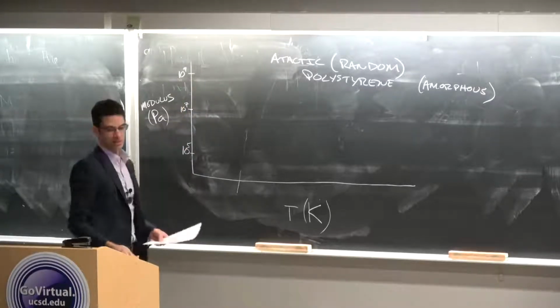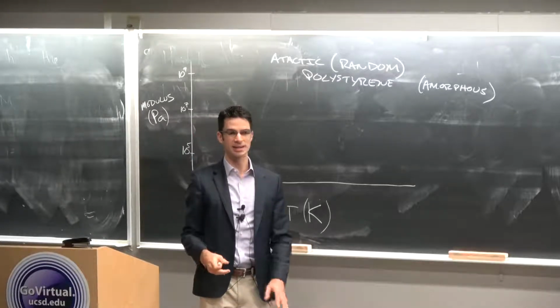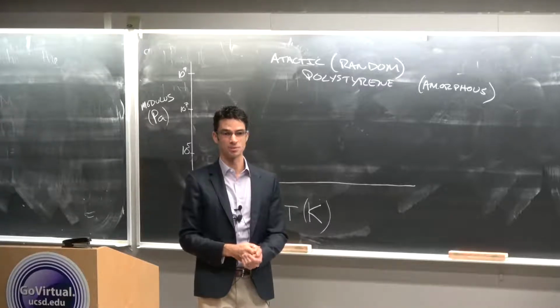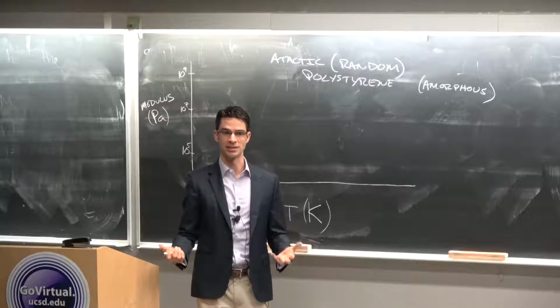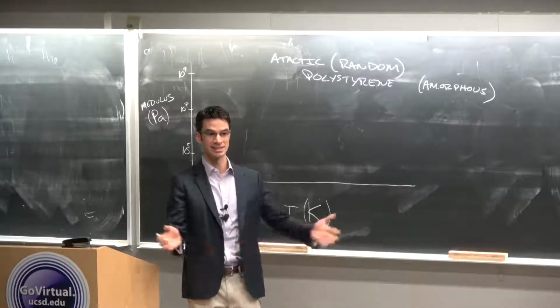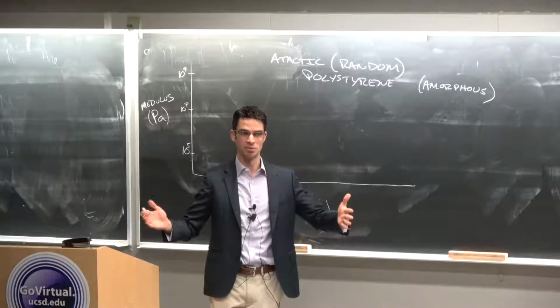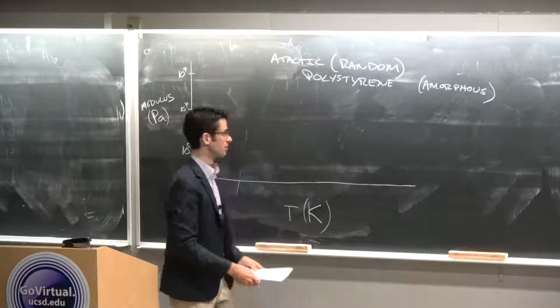And what is the modulus? The modulus is, remember from mechanics you have the force equals kx for a spring. The modulus is k for a three-dimensional material. It's the proportionality constant that says how much the material is going to pull back or push out versus a tensile or compressive external applied force.